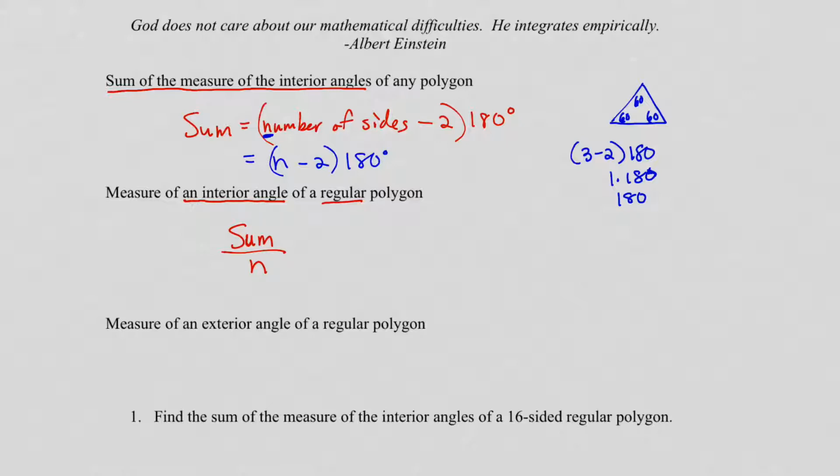But you can also replace that sum with the n minus 2 times 180. So as long as you get the sum, just divide it by n.